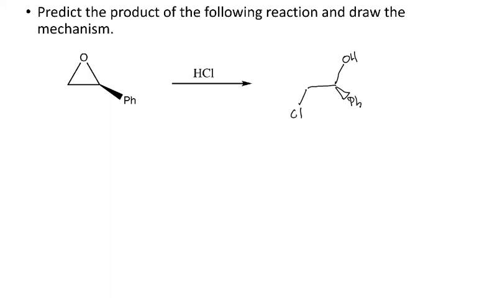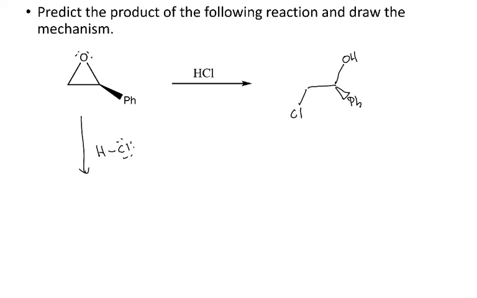will look like that. Now for drawing the mechanism, under acidic conditions, the mechanism is different than when we have just a strong nucleophile. Right, essentially it is backwards. With a strong nucleophile, first we had the SN2, then the proton transfer.